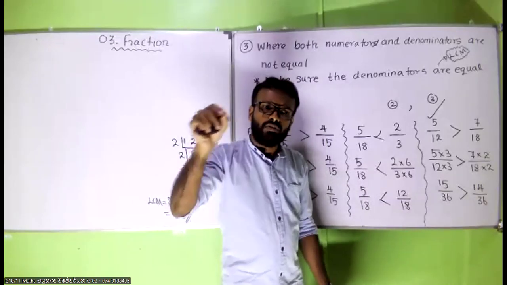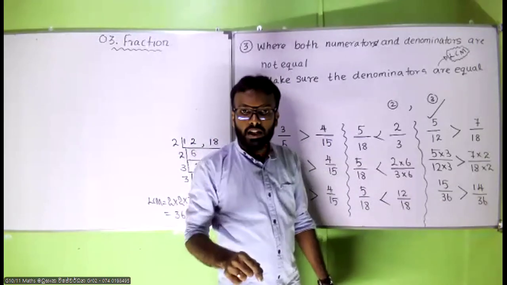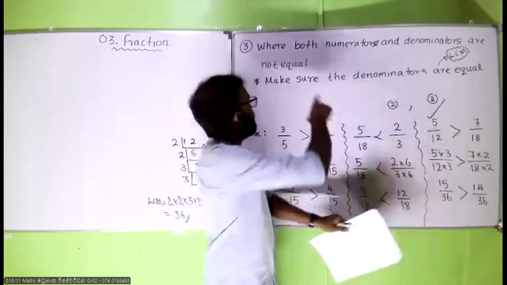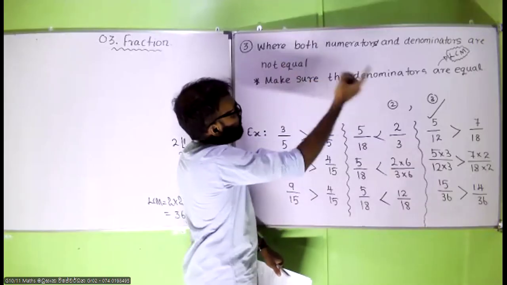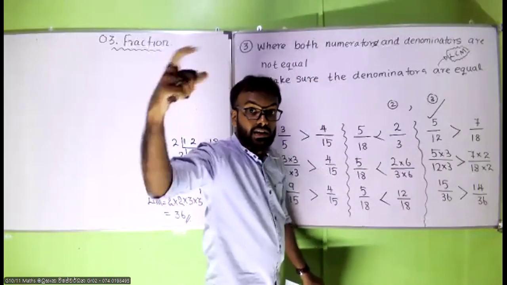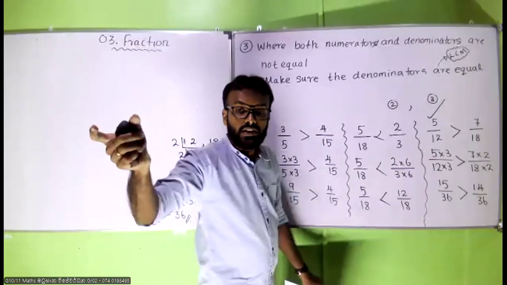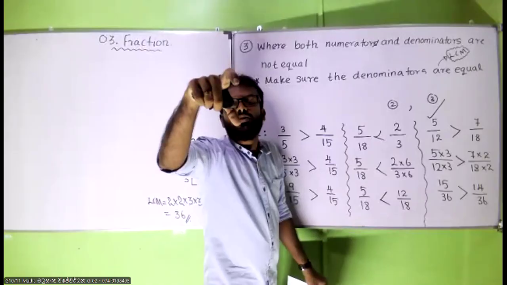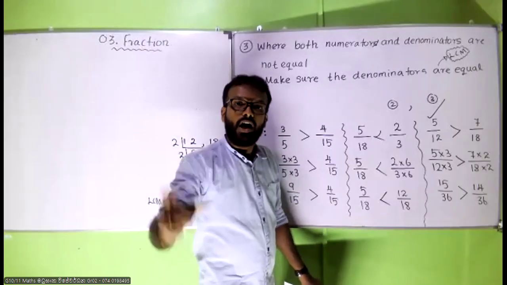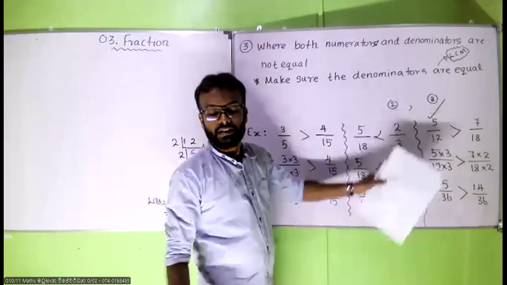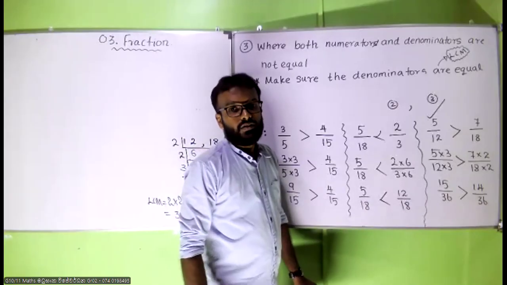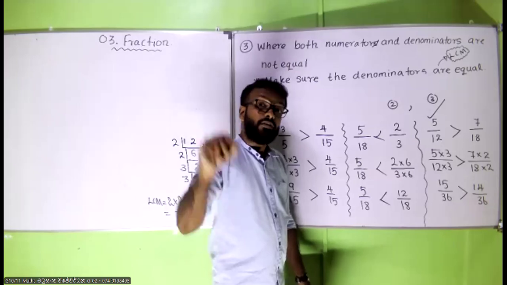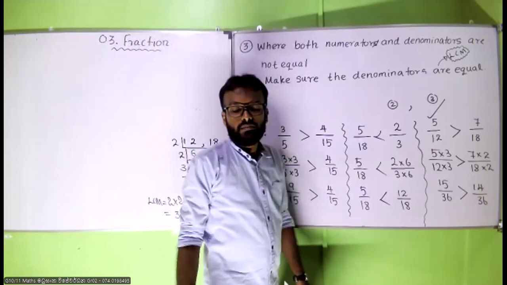That is your weak point, so mark it. My weak point is this: when both numerators and denominators are different, I have a doubt about which fraction is bigger. If you get the wrong answer, mark that point and find it through YouTube.